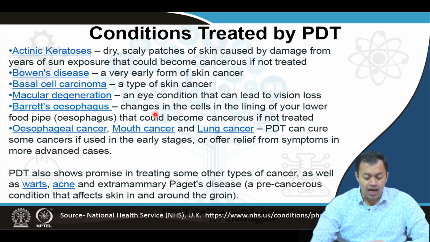Then there are various types of cancer. Basal cell carcinoma, you have Barrett's esophagus, where there is a change of cell lining in your lower food pipe. Mouth cancer, oral cancer, as I said, technically oral cancer is an Indian cancer. Oral cancer is mostly prevalent in the Indian subcontinent, simply because we chew tobacco. This is our lifestyle.